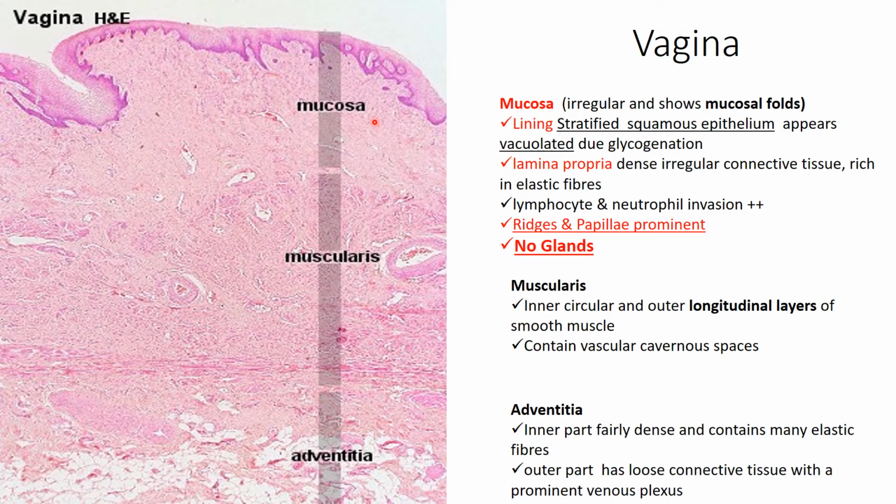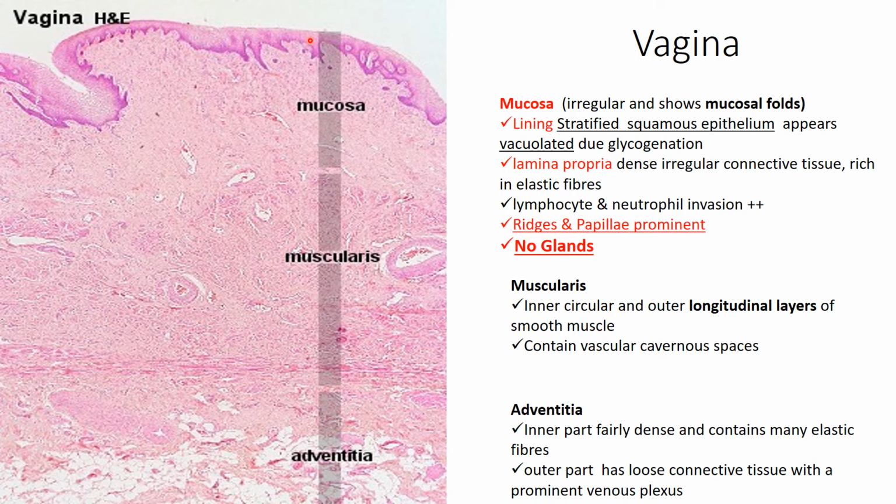Next is the histology of the vagina. This portion of the vagina lines from the fornix up to the vestibule.